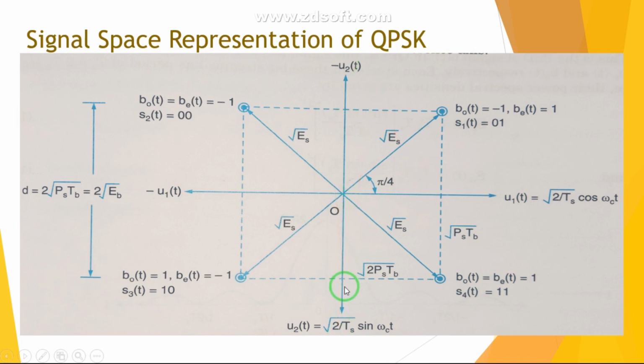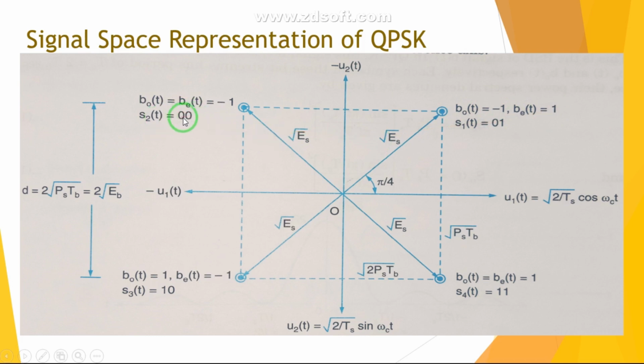As we know, u1 of t is equal to square root of 2 by Ts cos omega ct, and u2 of t is square root of 2 by Ts sin omega ct. This is the symbol S1, which is nothing but your 01. So 0 means the odd number bit stream is minus 1, and the even number bit is 1. Similarly, symbol 2 is equal to 00.